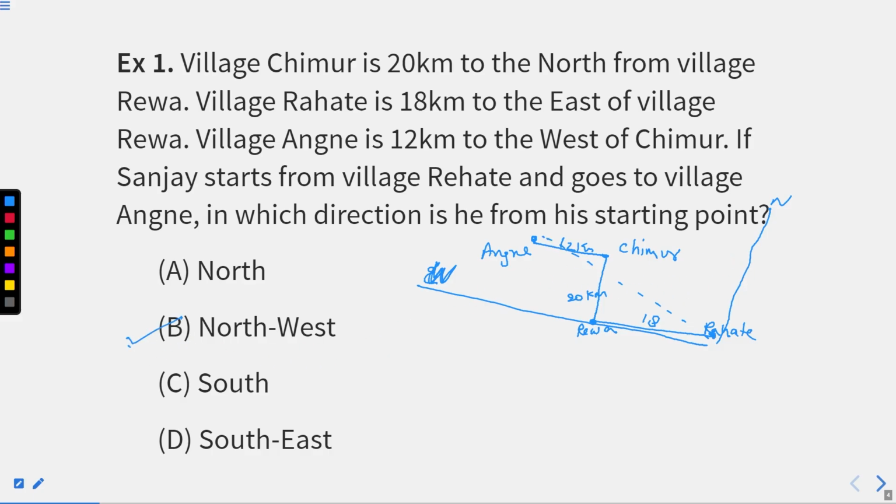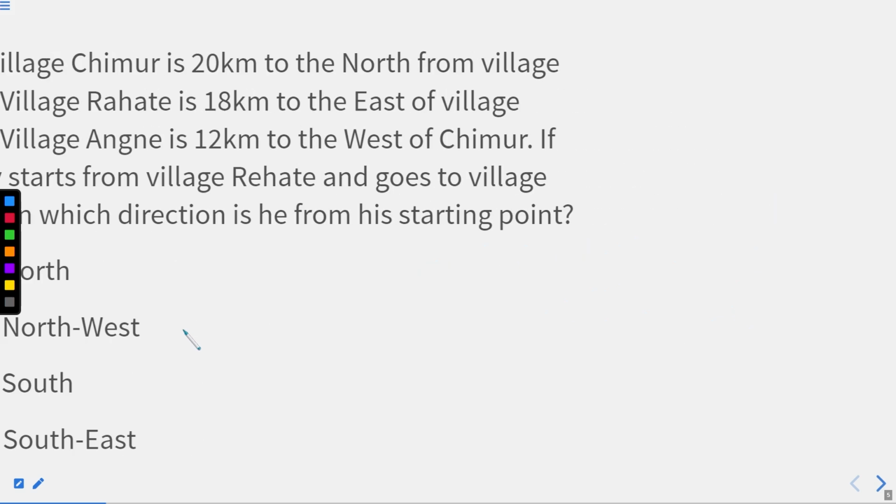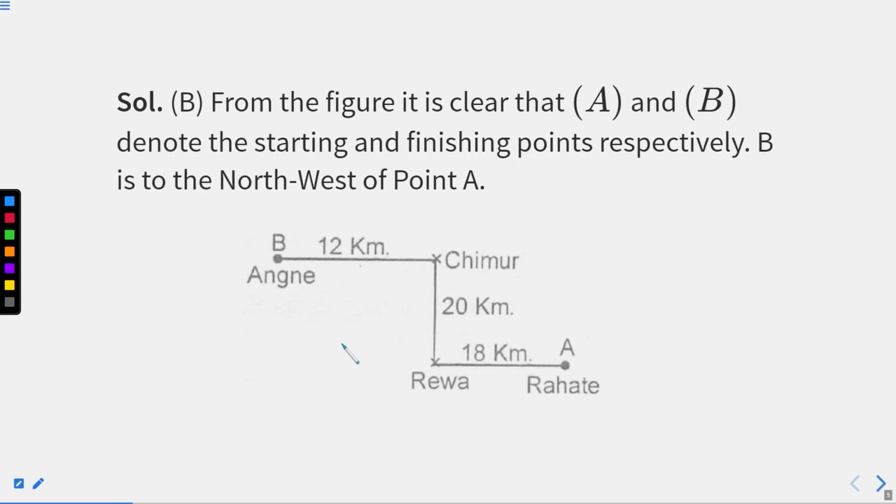I hope this question is clear, right? This direction will be the northwest direction. So with the help of a clear diagram, this is Angani, this is Chimur, this is Reva, this is Rahate. All distances are clearly mentioned.